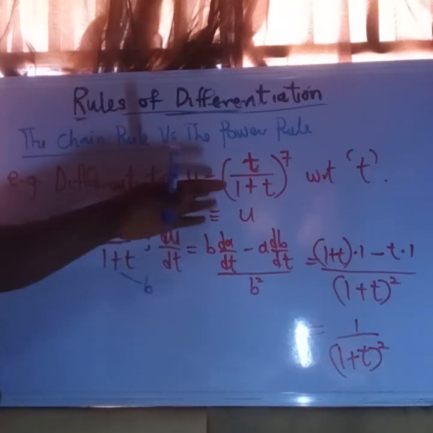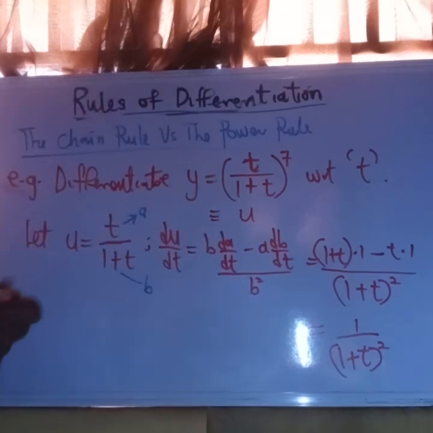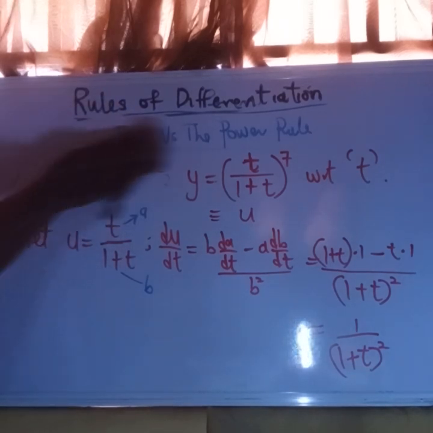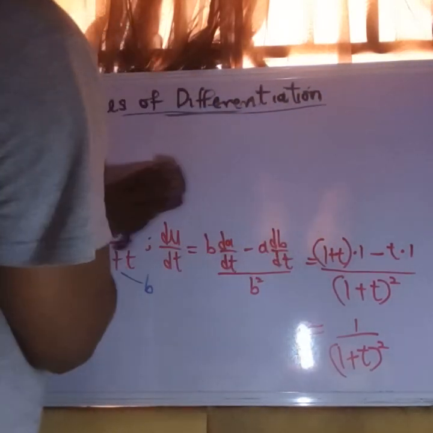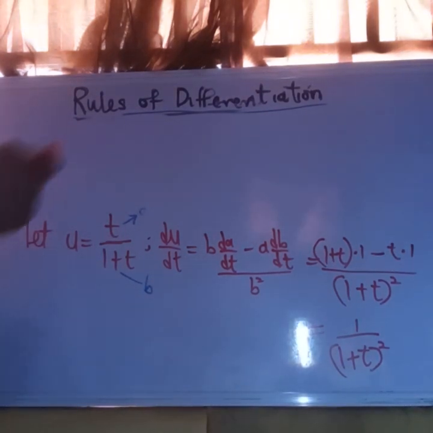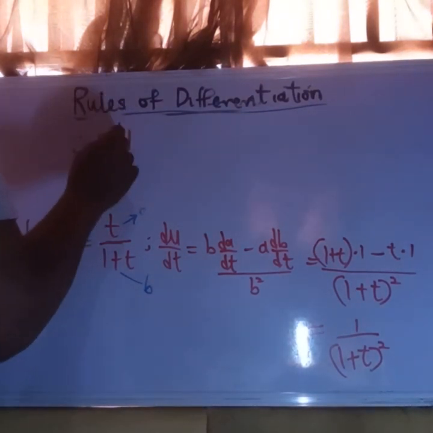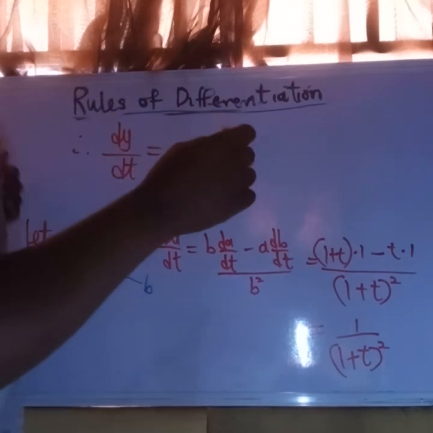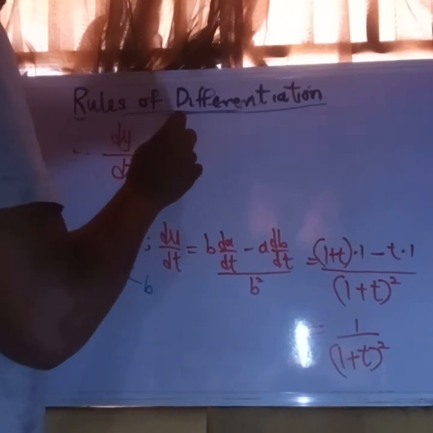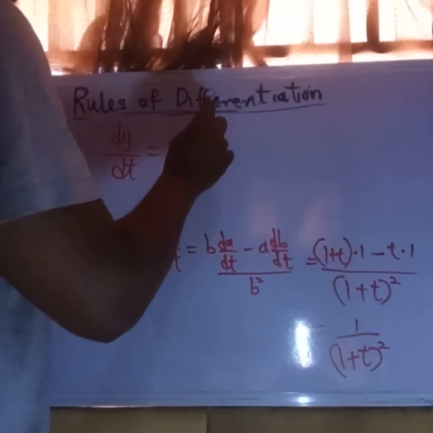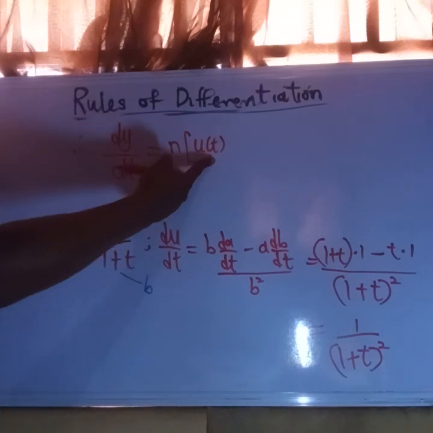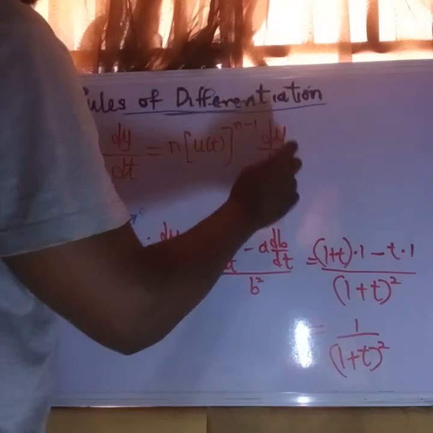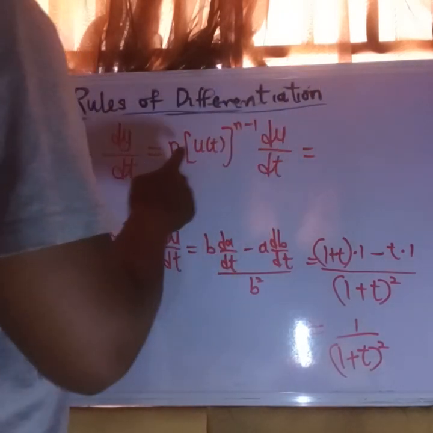Now let's apply the power rule, then we multiply what we have here. The slope you are looking for is dy/dt. The power rule says this is n u of t, we call it u of t because the argument here is t, to the power n minus 1, times du/dt.